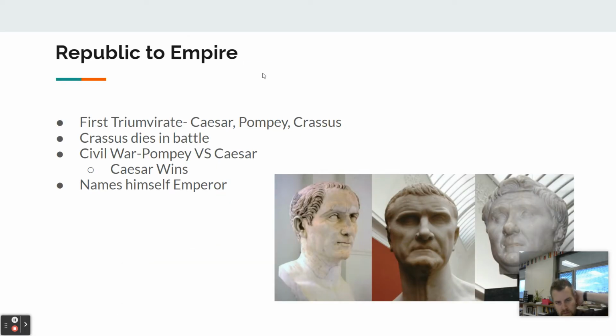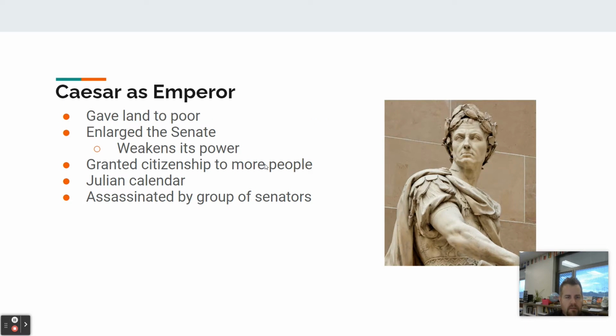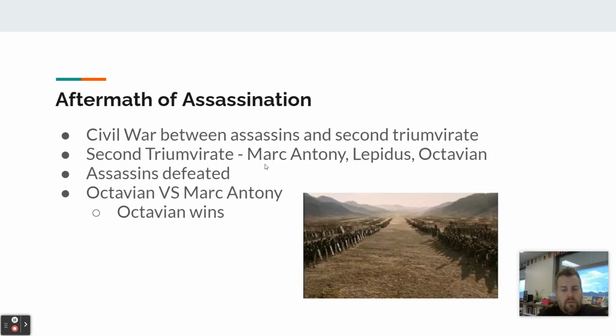Republic to Rome. First off, we had Caesar, Pompey, and Cassius. Then Cassius dies in battle, which leaves us with Caesar and Pompey. Caesar ends up winning and then names himself the emperor. So this is Julius Caesar, who gave land to the poor, enlarged the Senate, which wasn't such a good thing, and was then assassinated later by some of his senatorial peers.